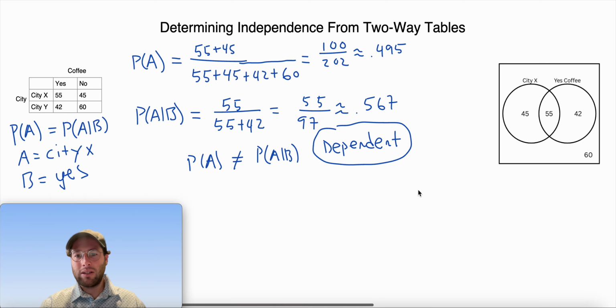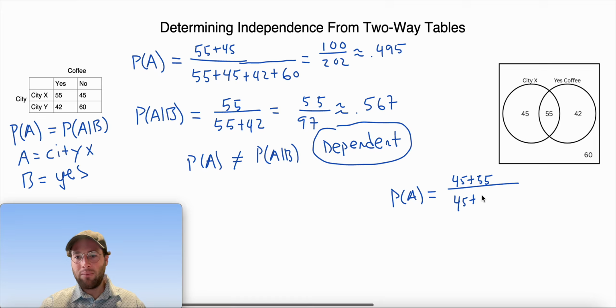So P of A, the probability of living in city X, is equal to 45 plus 55 over the total number of people, which is 45 plus 55 plus 42 plus 60.